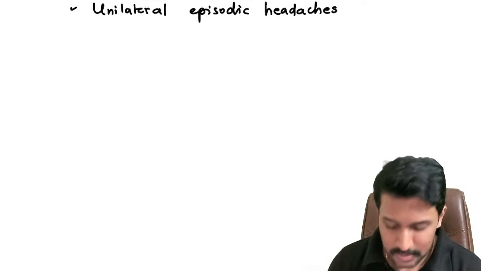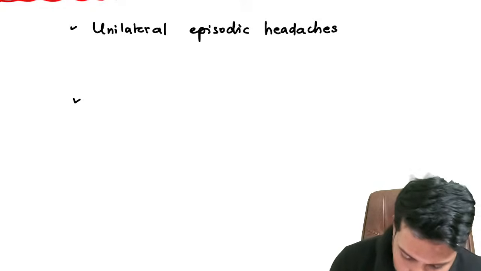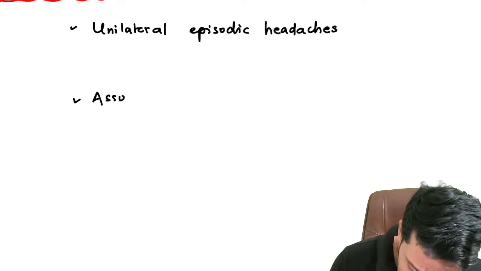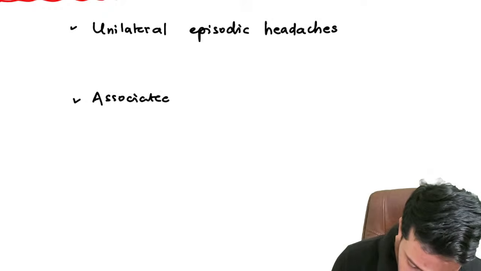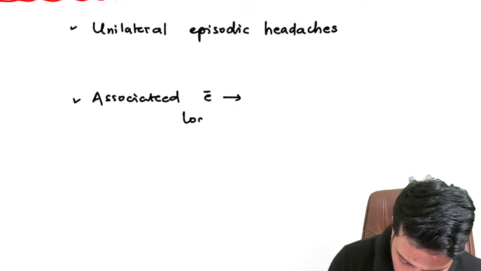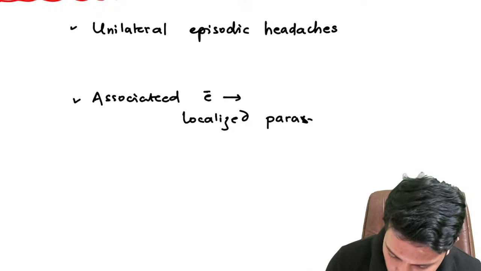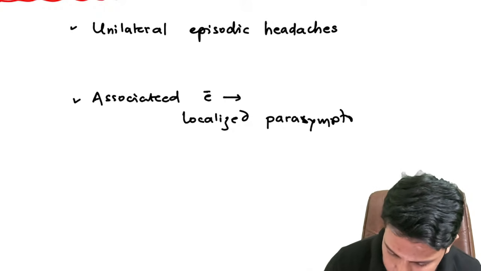I'll leave just 2 lines there for a more descriptive text. These are unilateral episodic headaches associated with localized parasympathetic overactivity. Now, what symptoms can I expect?